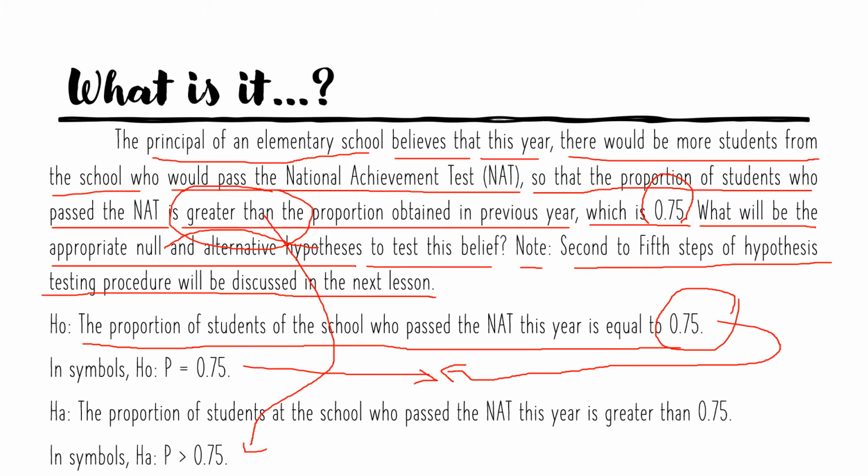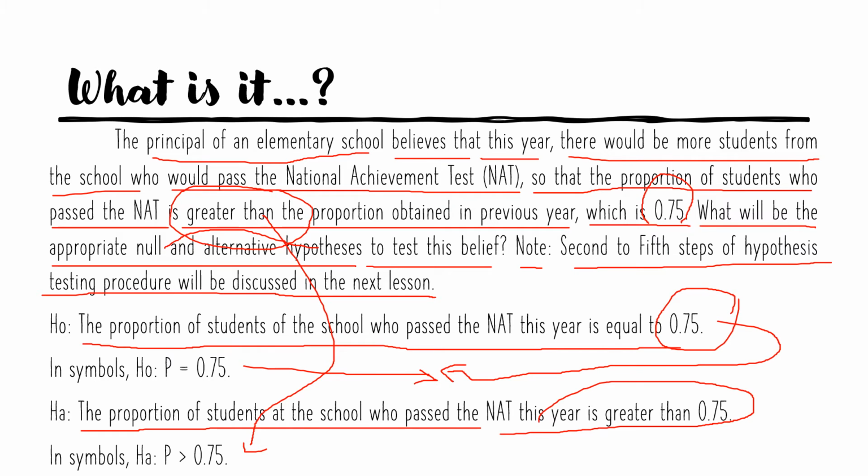Now, let's move forward in dealing with your alternative hypothesis. The keyword is greater than here. It is more specific than the words at least, at most. Therefore, we simply use this greater than to represent your alternative hypothesis. So our statement for this alternative hypothesis is that the proportion of the students at the school who passed the NAT this year is greater than 0.75.